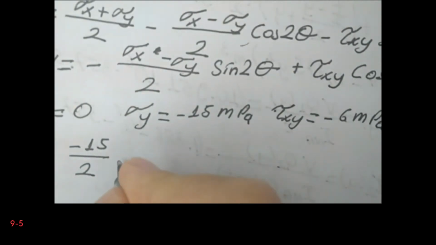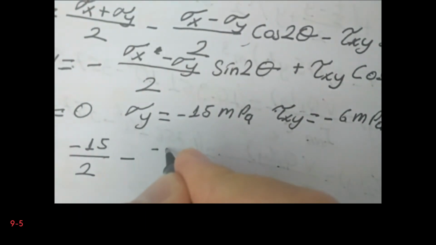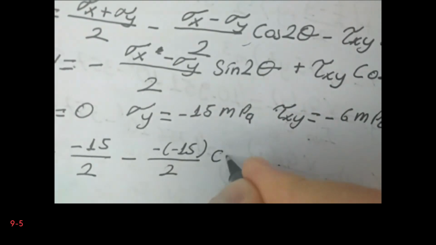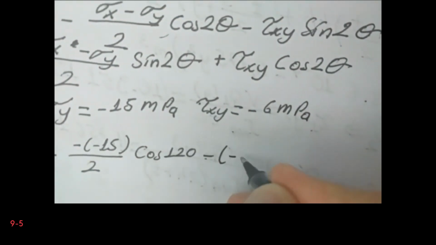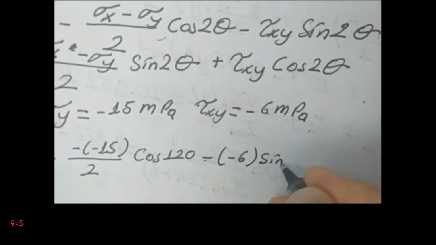Now let's put the values into their places. So sigma y prime is equal to minus 15 divided by 2 minus minus 15 divided by 2 cosine 120 minus 6 multiplied by sine 120.